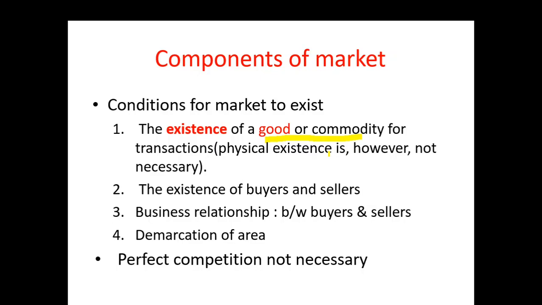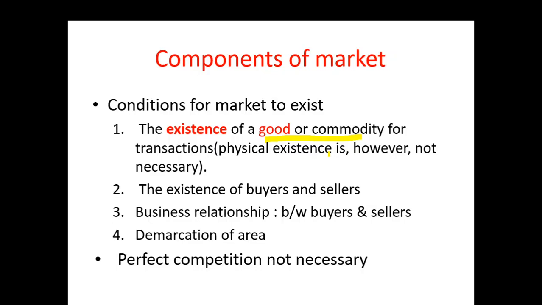It is not necessary that it has a physical existence. For example, when you book on Flipkart or Amazon, the physical commodity is not present at that time, but later we can get the physical good. Labor market is another good example where the physical component does not exist.